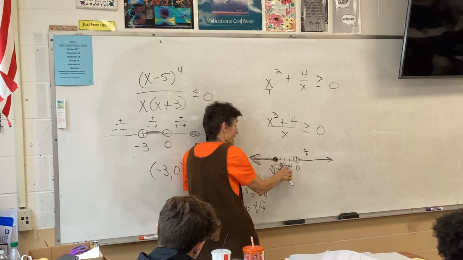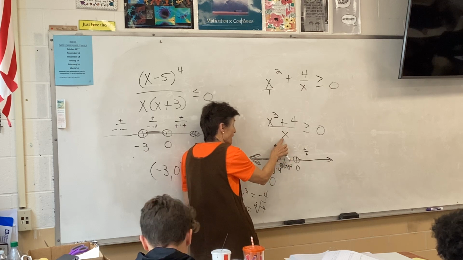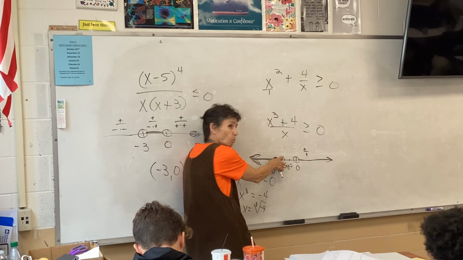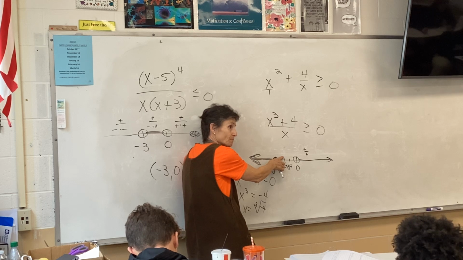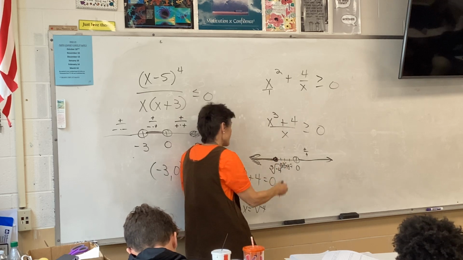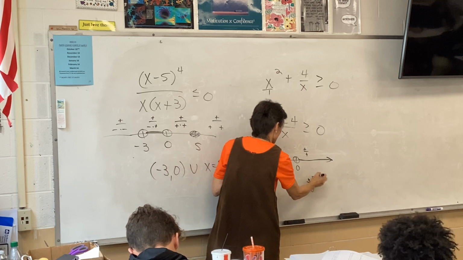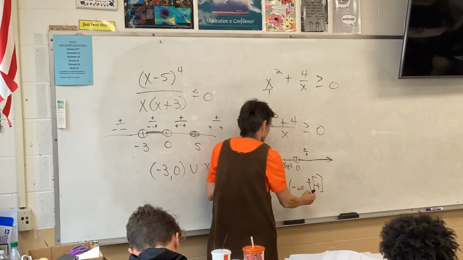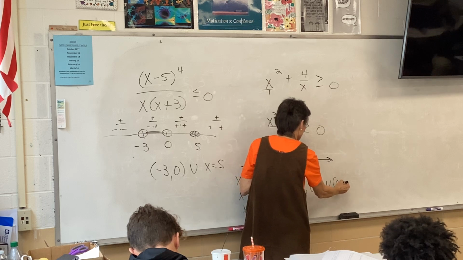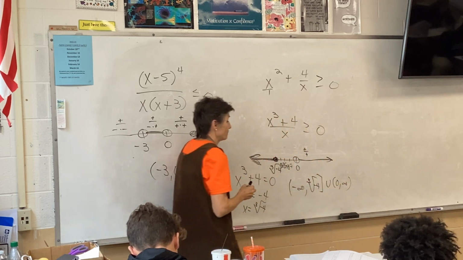But this is gonna be negative, because all the x's are negative. So that section won't work. Does that make sense to you? So our answer is everything from negative infinity to the cube root of -4, or everything from 0 to 1.